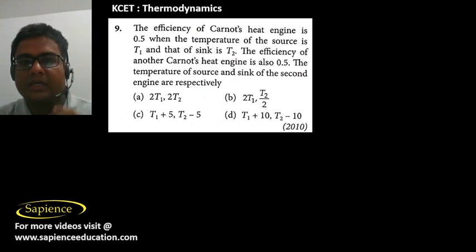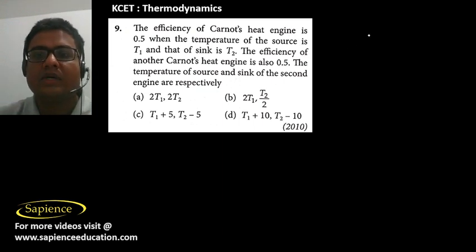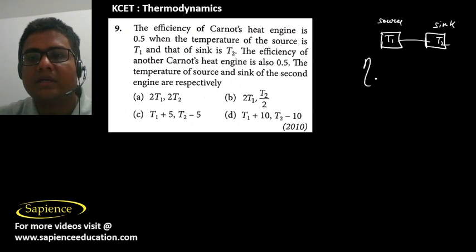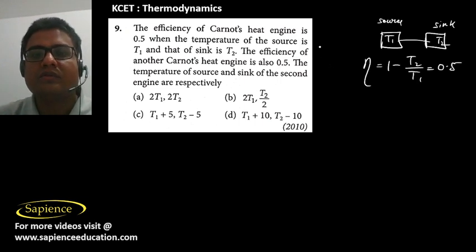And it is told the efficiency of a Carnot heat engine is 0.5 when the temperature of the source is T1 and the temperature of the sink is T2. So the efficiency eta of the Carnot engine, which is 1 minus T2 by T1, is equal to 0.5. The efficiency of another Carnot heat engine is also 0.5.